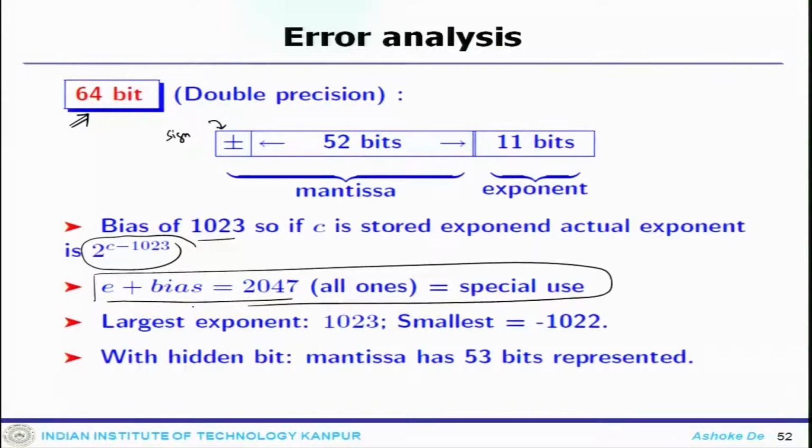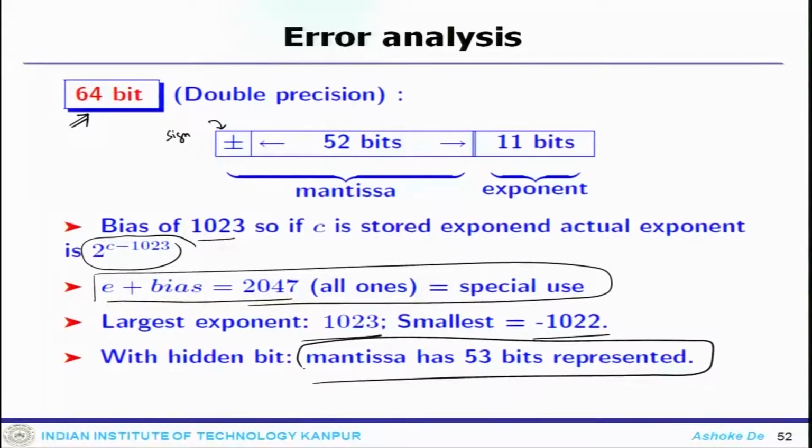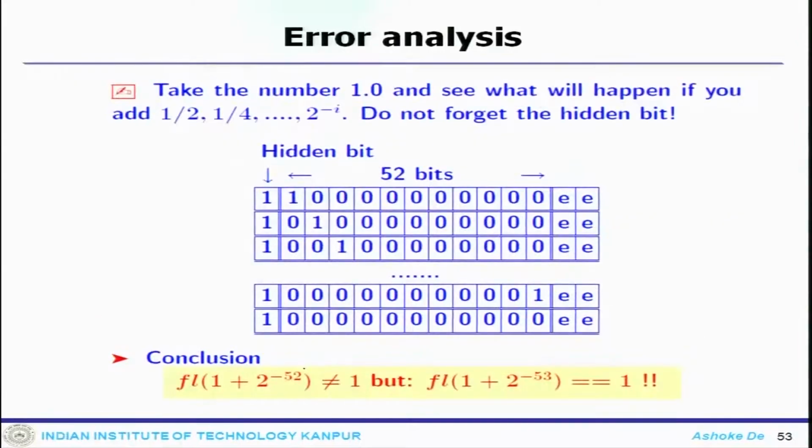So, the largest exponent which is possible is 1023, the smallest is minus 1022, and there is one hidden bit, so the mantissa has 53 bits represented. This is how your machine understands all this information.